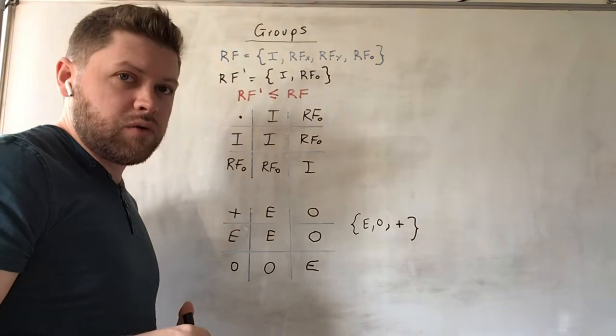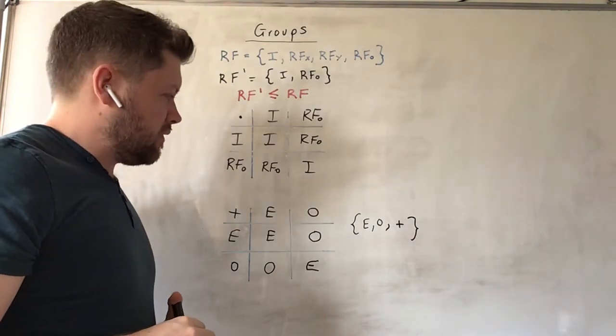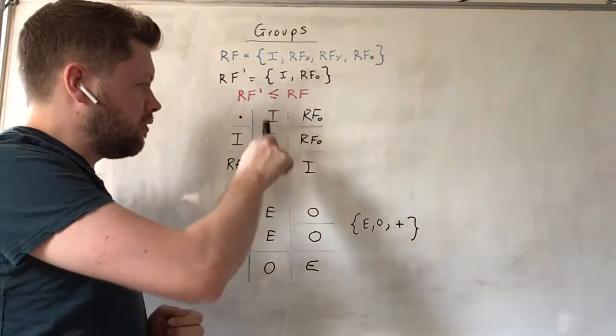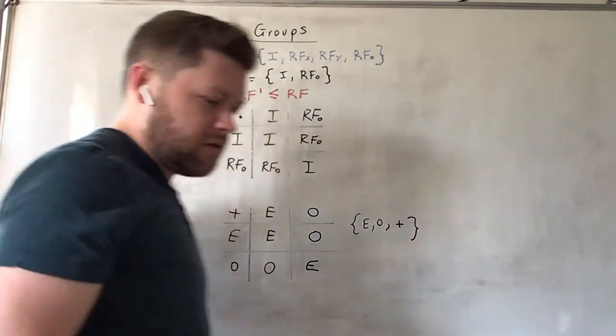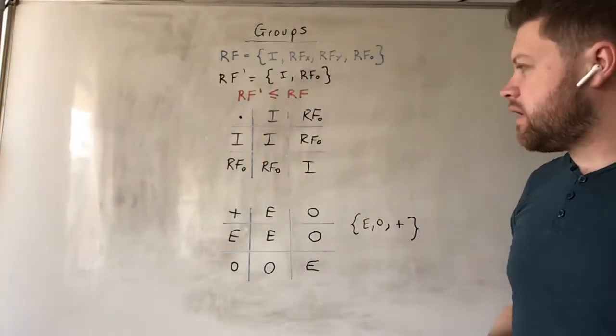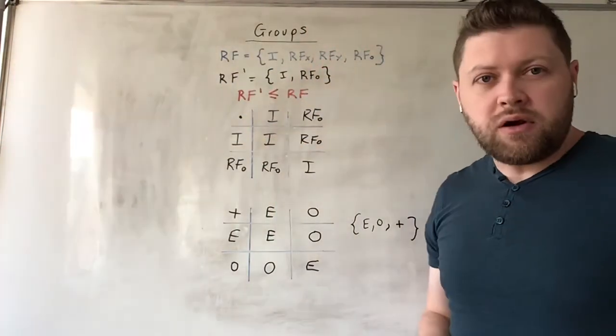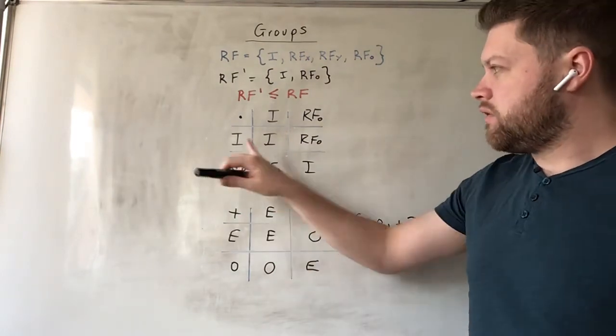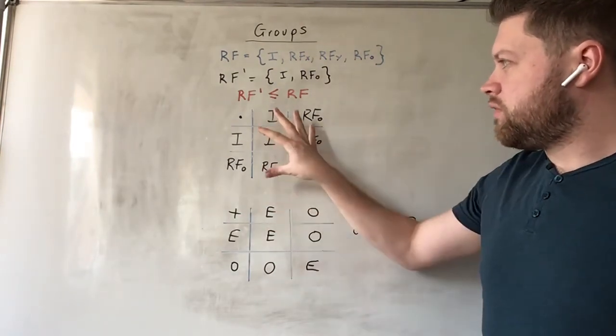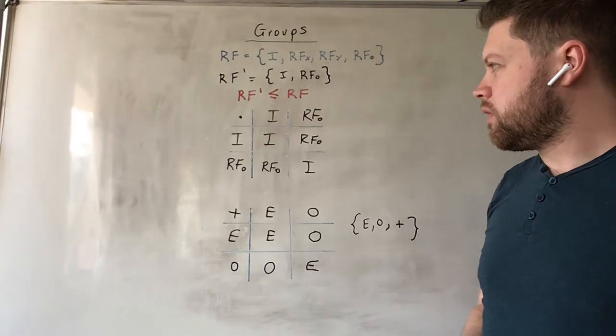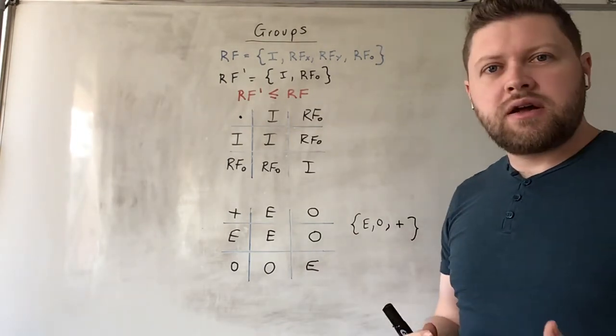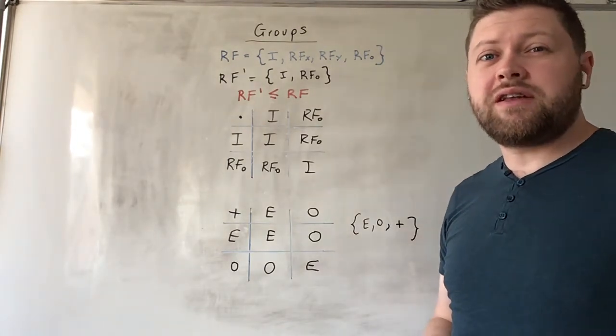It is in fact a group. If you compare these two groups, you'll notice that they're very similar. The operator is different, but the structure of these groups is the same. In fact, the group structure is identical.